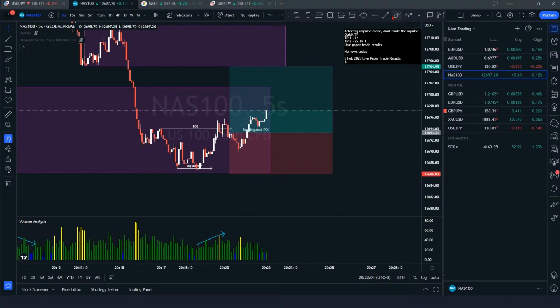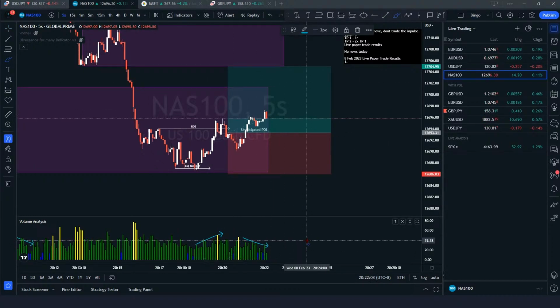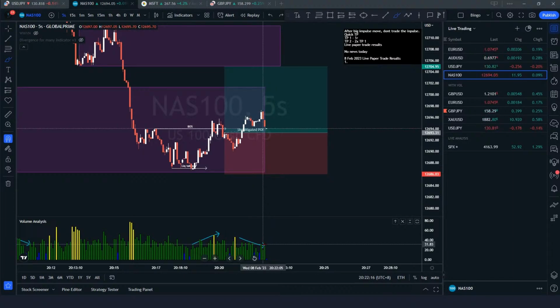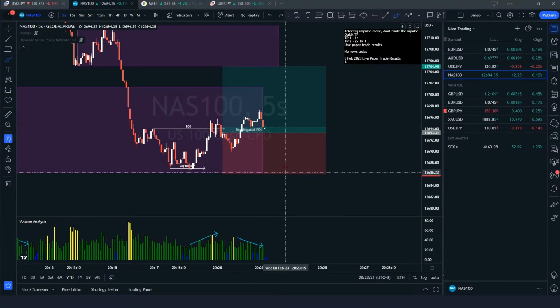Okay, price is moving. But what I don't like is we do not have any interest from buyers over here. So this could still be a losing trade.